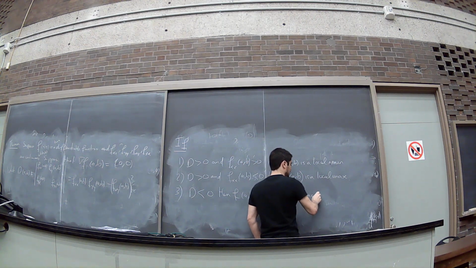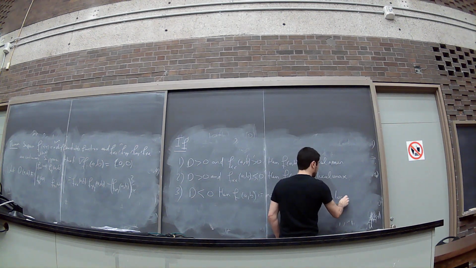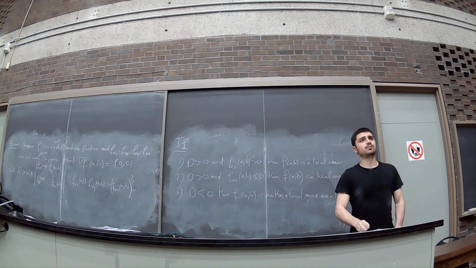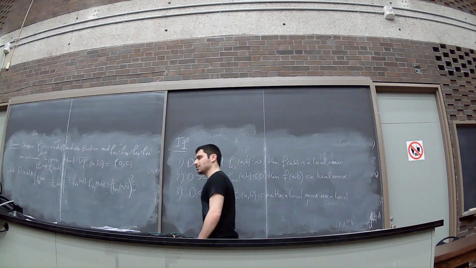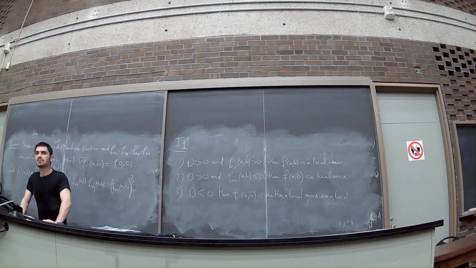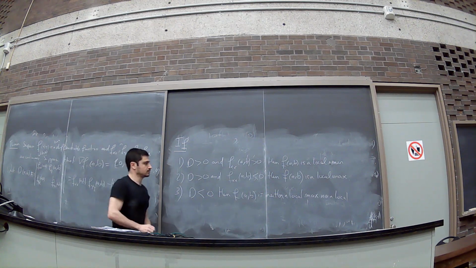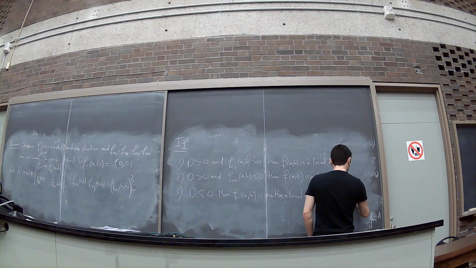a local max nor a local min. What did you call the point in calculus 1 where it is neither a local max nor a local min? Because the book says it's a saddle point.